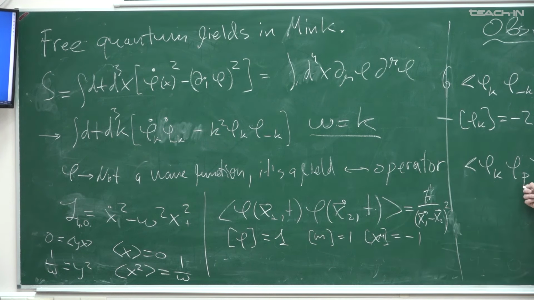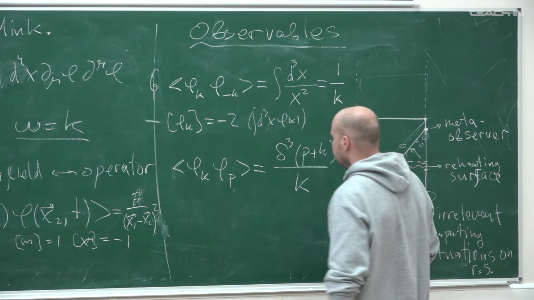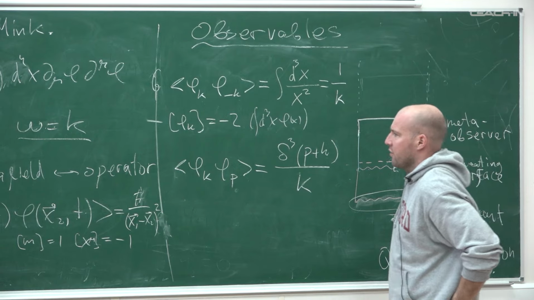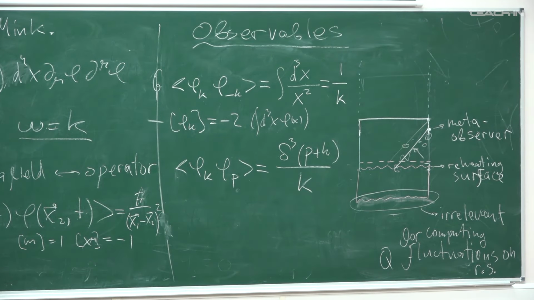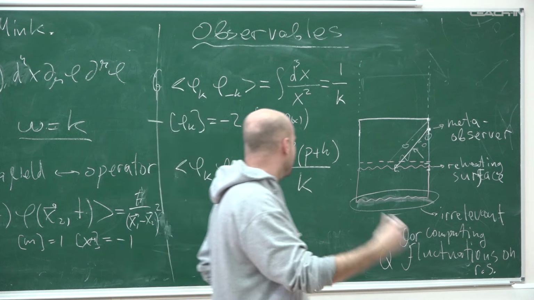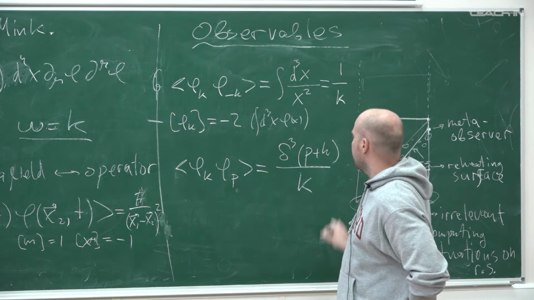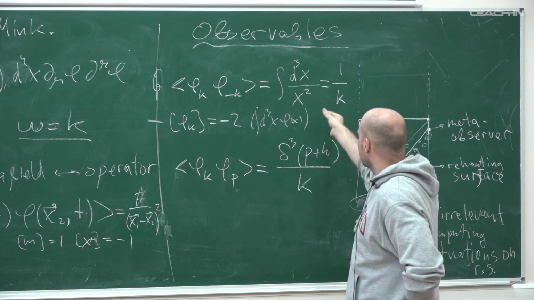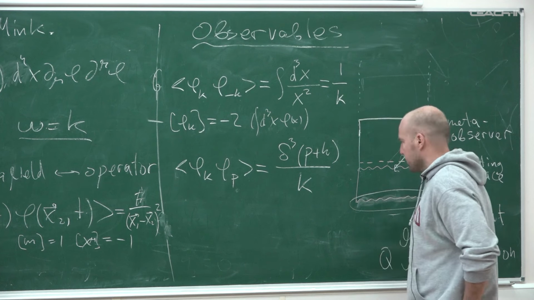That's why we have this delta of p plus k. This can be derived carefully if you do the most boring thing, canonically quantizing this in a Lorentz invariant way, and then you will land on the same answer. But we get it correct from dimensional analysis.